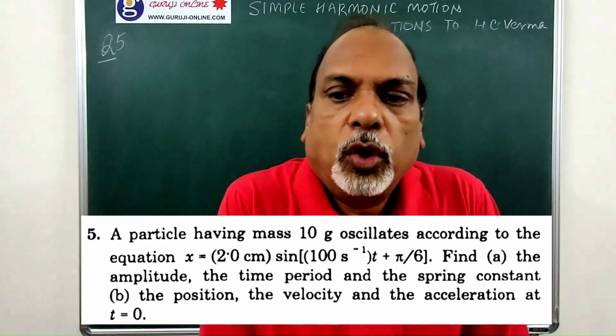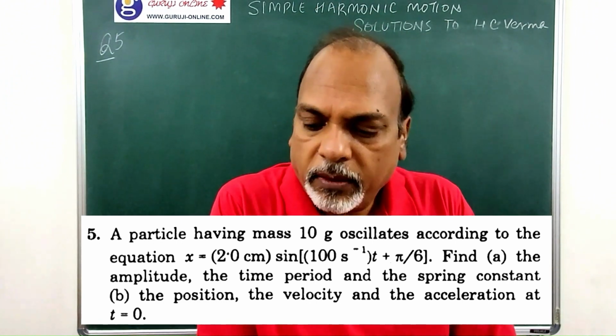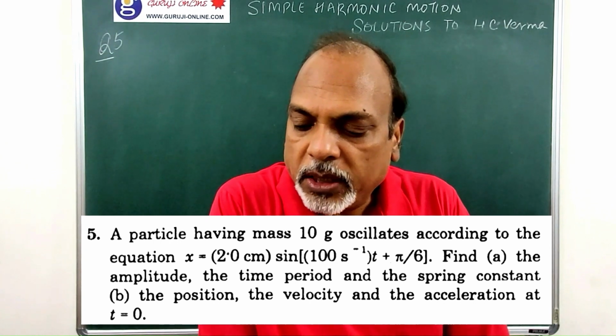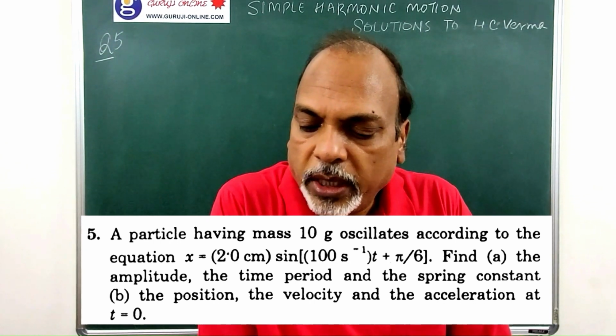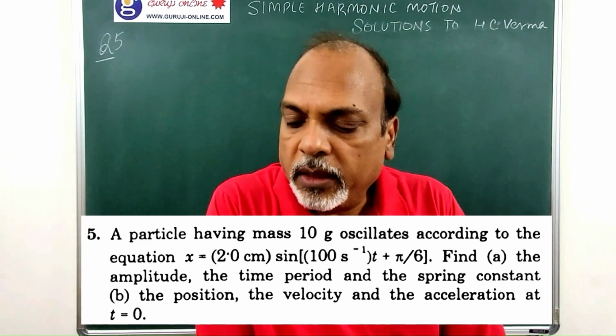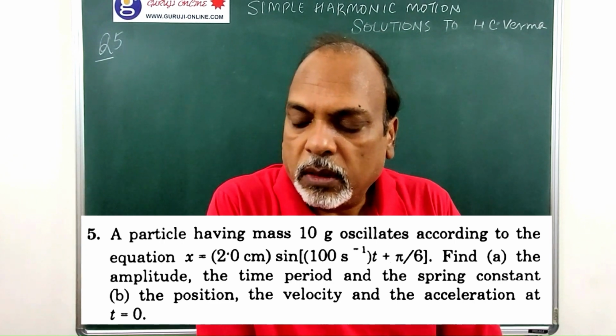Now we will go to question number 5, and it is on your screen. It says that a particle having mass 10 gram oscillates according to the equation x is equal to 2 centimeter sine 100 t plus pi by 6.